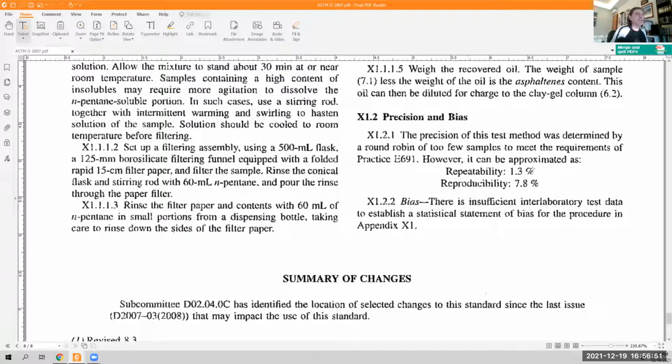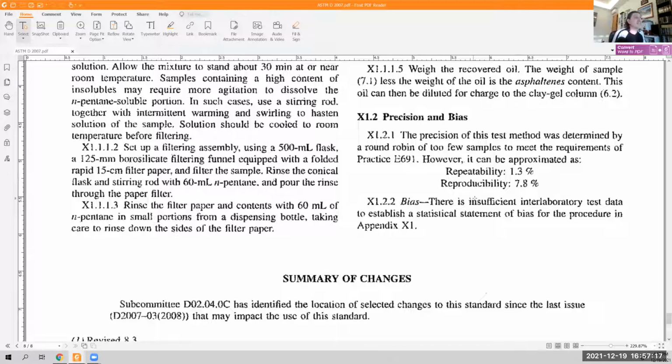And reproducibility, please note that this is much, much higher, but remember that triangular thing here, we are pretty much on the right-hand side. If somebody else conducts this experiment on a totally different sample with totally different equipment, then the same value can be reproducible up to 7.8%. One may think about the concept loosely in this fashion.